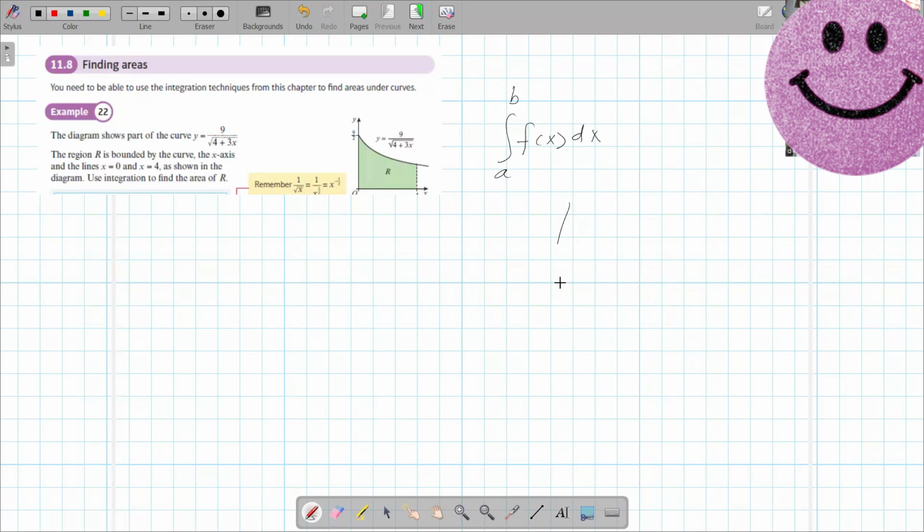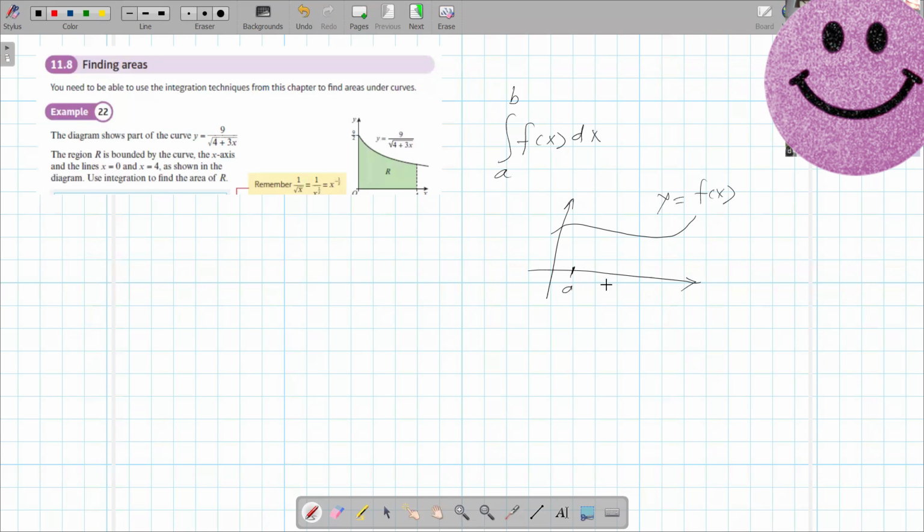For example, if f of x has this graph, say this is f of x, right? You know that every one variable function has a curve as a graph, right?